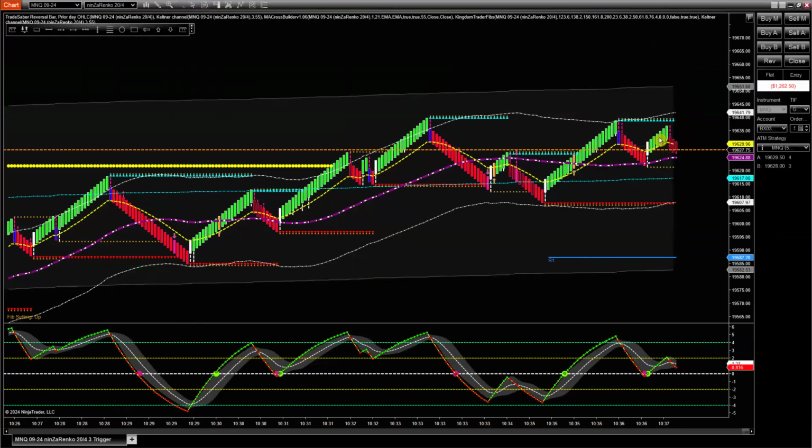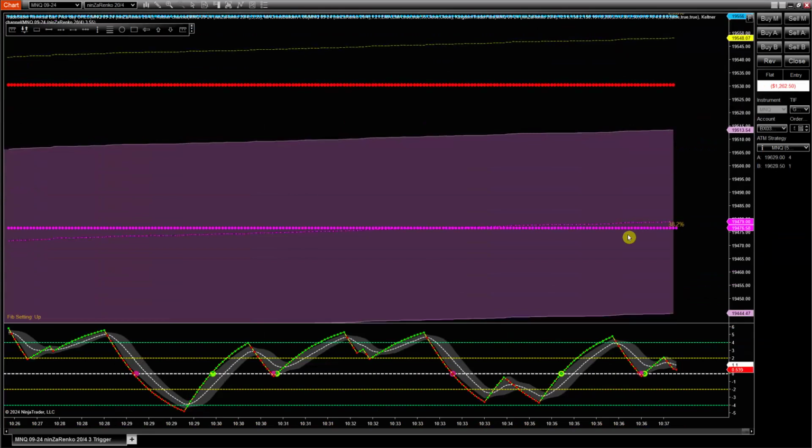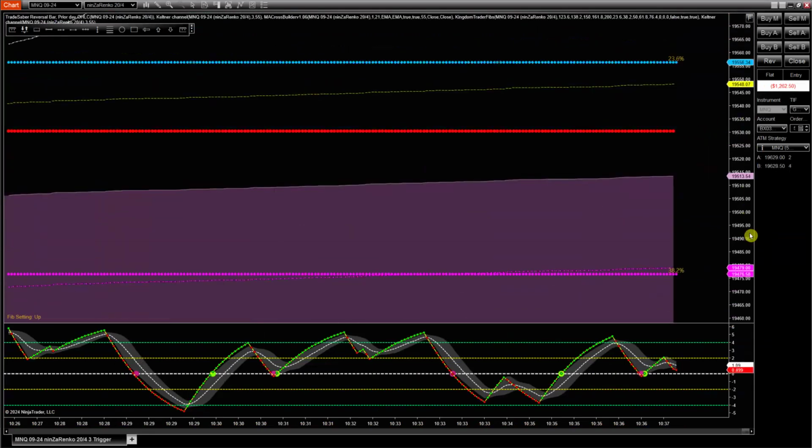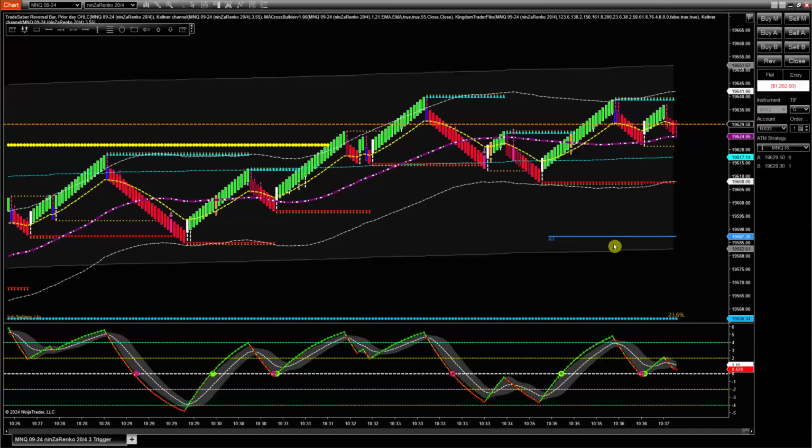From this point, this small teal one here is the +1 deviation. Further down here is what we call the 0.5 deviation. And right here we have the VWAP. You see how wide it is. That means there's a lot of volatility in the market. Usually these bars from here to here are pretty wide, and they've been keeping it within that range.